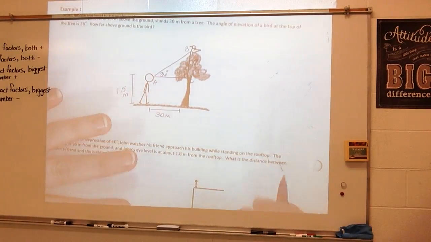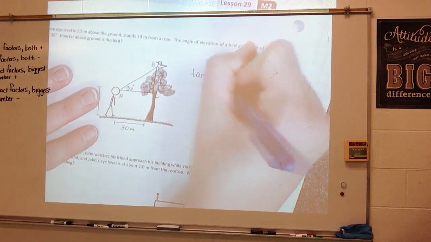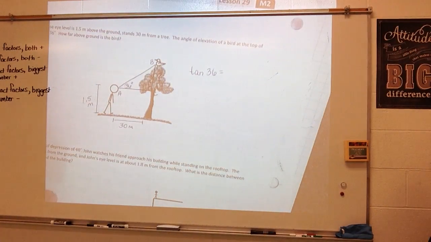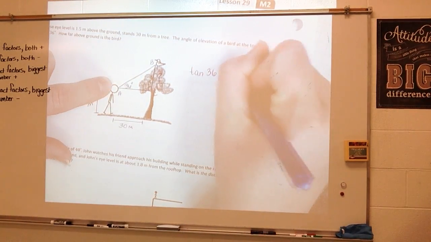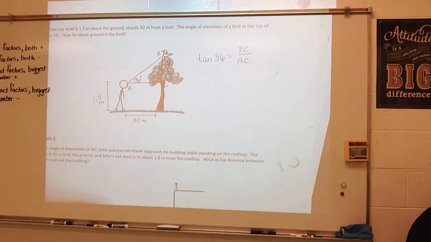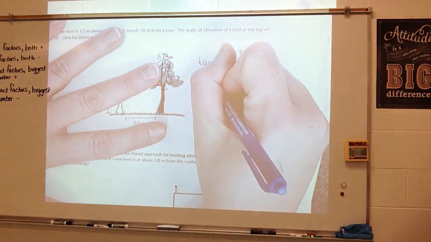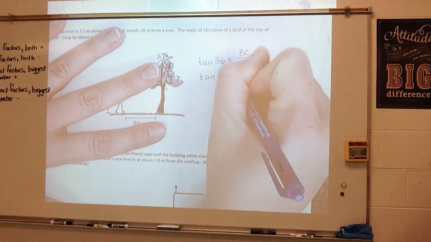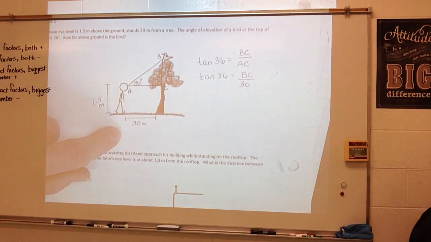So the tangent of my angle is equal to opposite, BC, over adjacent, which is AC. Filling in what we know, the tangent of 36 is equal to BC over 30.